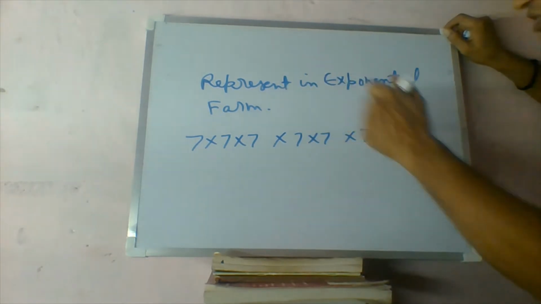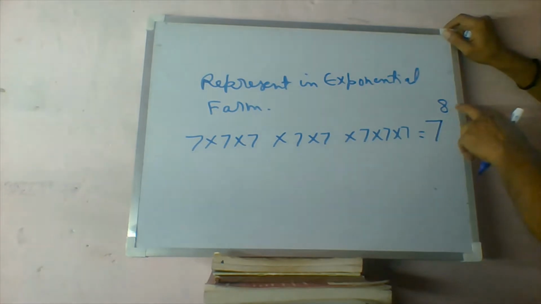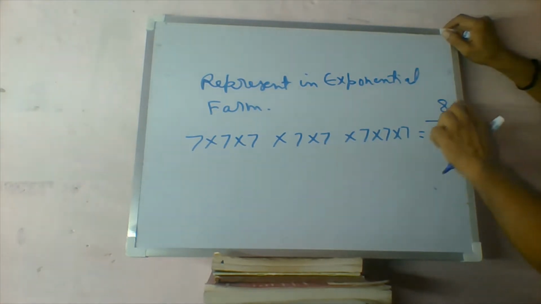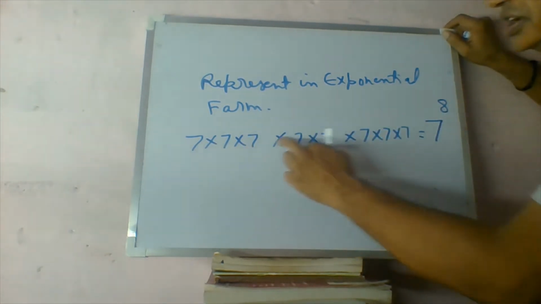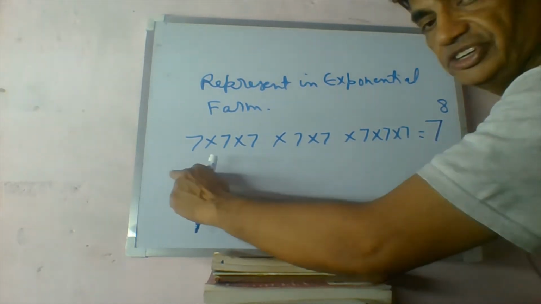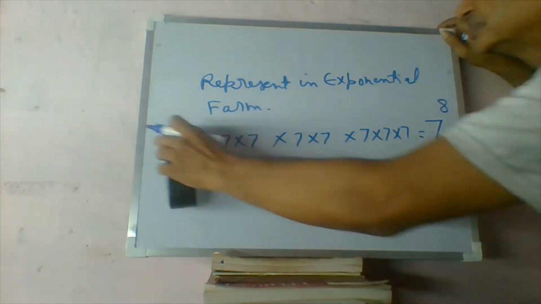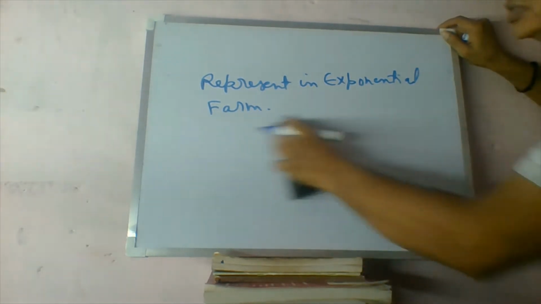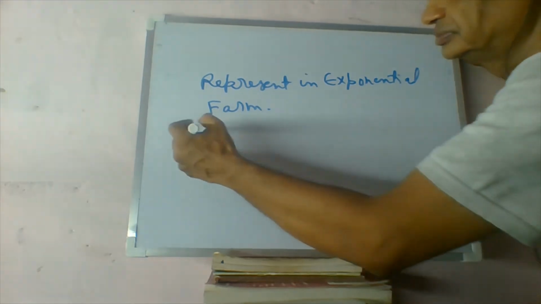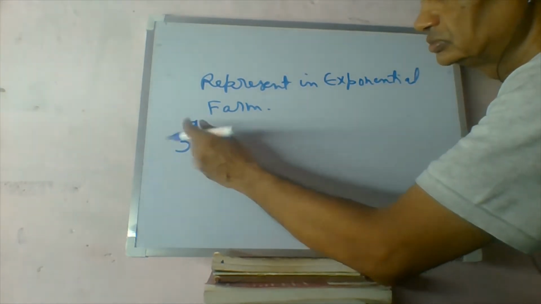So in exponential form, it is 8 sevens multiplied together. Let's do one more example.